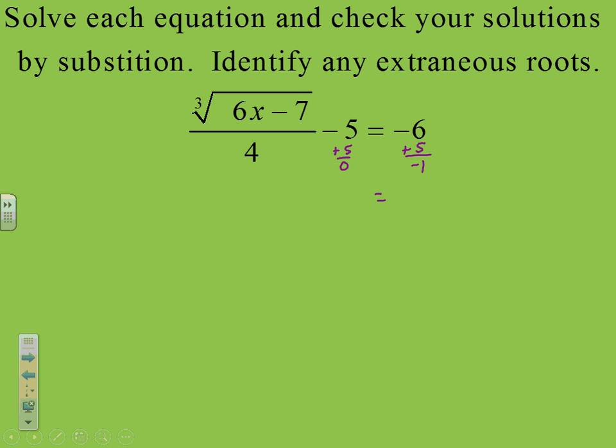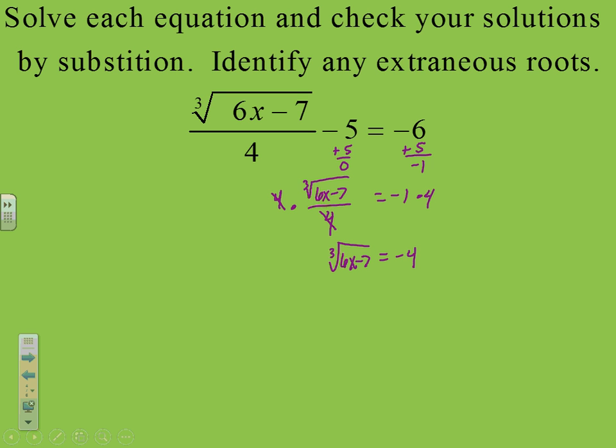So I get the cube root of (6x minus 7) over 4 equals negative 1. Since the 4 is being divided, I do the opposite and multiply both sides by 4, giving me the cube root of 6x minus 7 equal to negative 4.